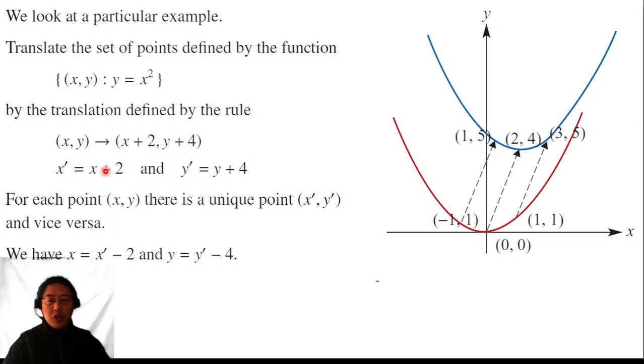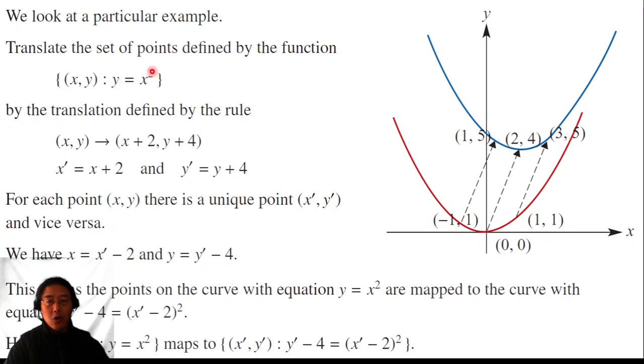If we rearrange this to make x and y the subject, we do the inverse operation, so it becomes minus 2 and minus 4, and then we can substitute that into our original rule, which ends up giving us the rule of the image function.